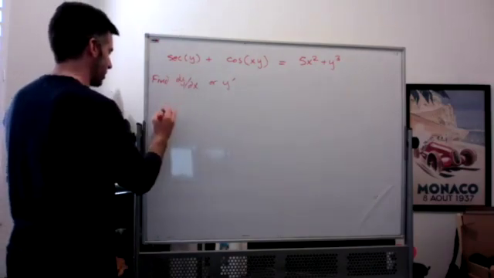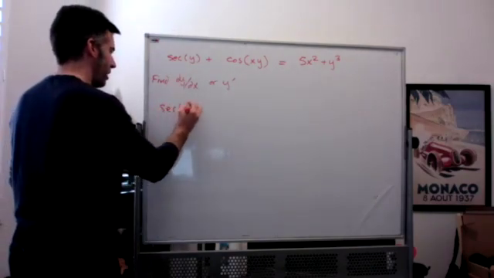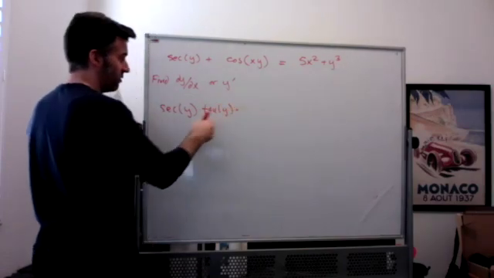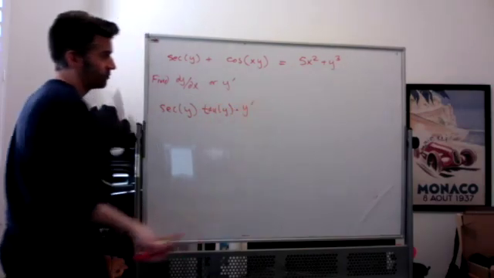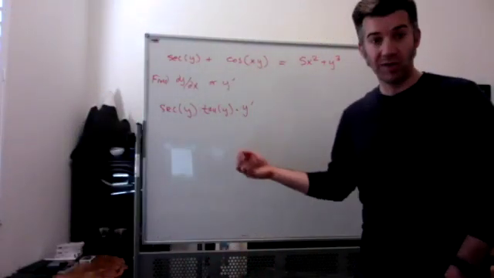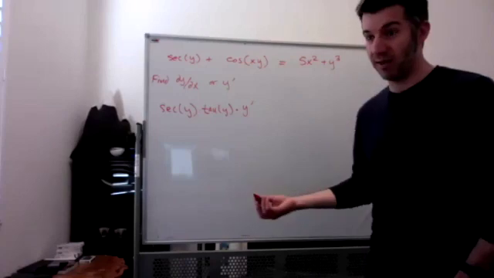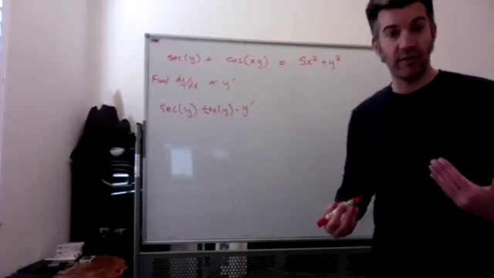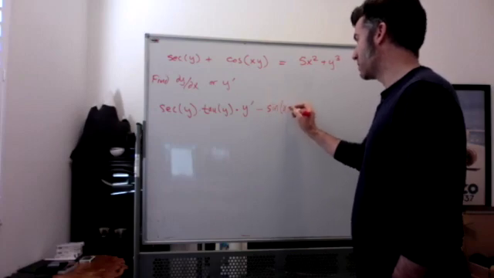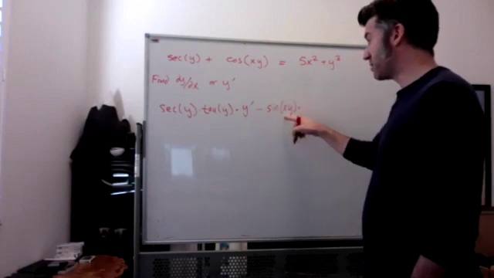So the derivative here is going to be secant of y times tangent of y times the derivative of y, which is y prime. For cosine, the derivative of cosine of some stuff is negative sine of that stuff times the derivative of the stuff. Minus sine of your stuff times the derivative of x times y.